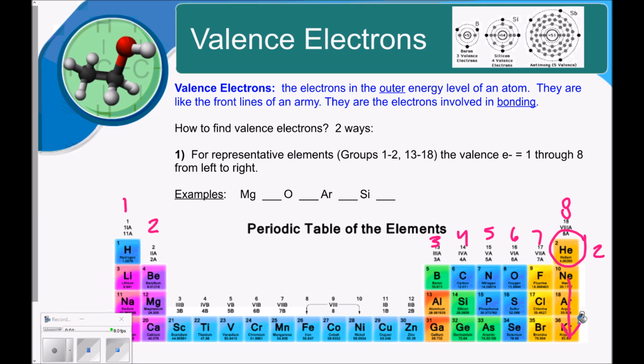So we can just look up the elements and see what column they're in. Magnesium, for example, is going to have 2 valence electrons because it's in the column with beryllium. Oxygen has 6, argon has 8, and silicon has 4. So you can figure out how many valence electrons simply by knowing the pattern on the periodic table.